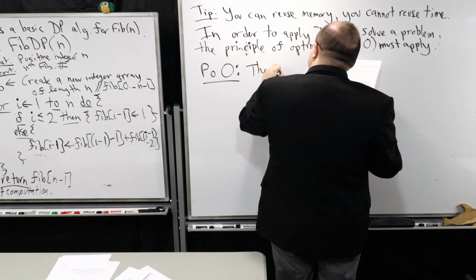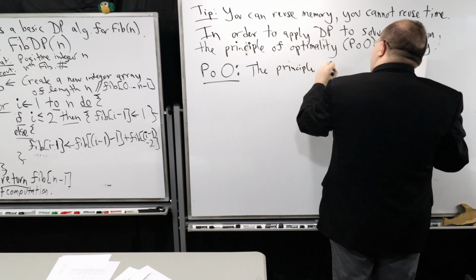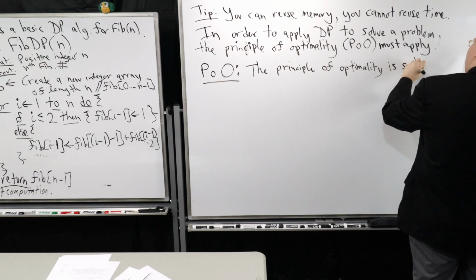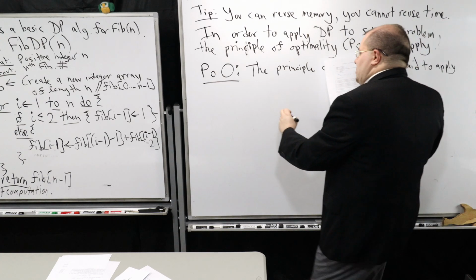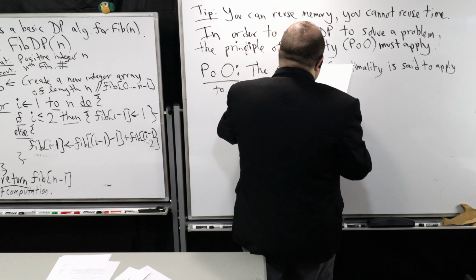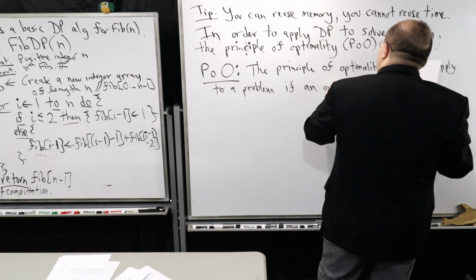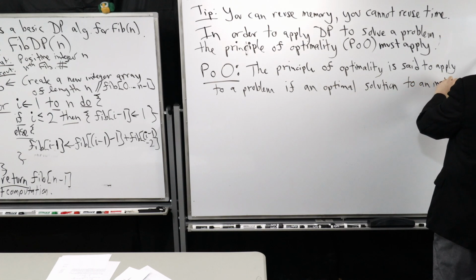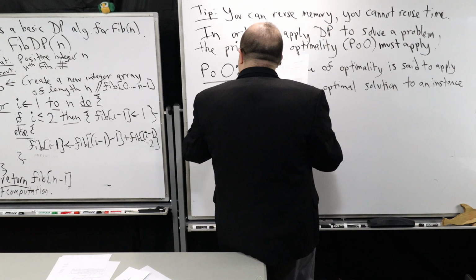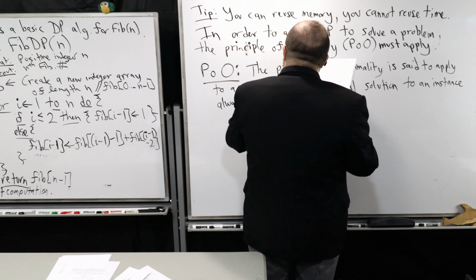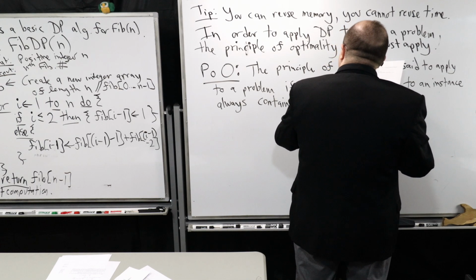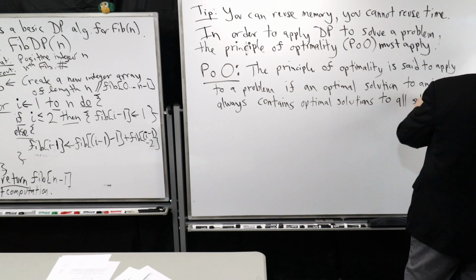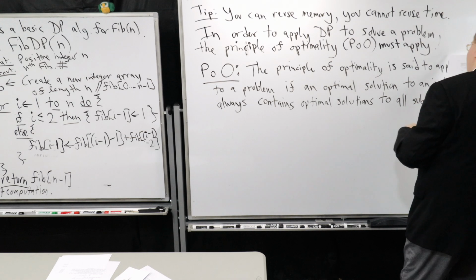So the principle of optimality is said to apply to a problem if an optimal solution to an instance, so we're talking about a problem instance, always contains optimal solutions to all sub-instances of that instance.